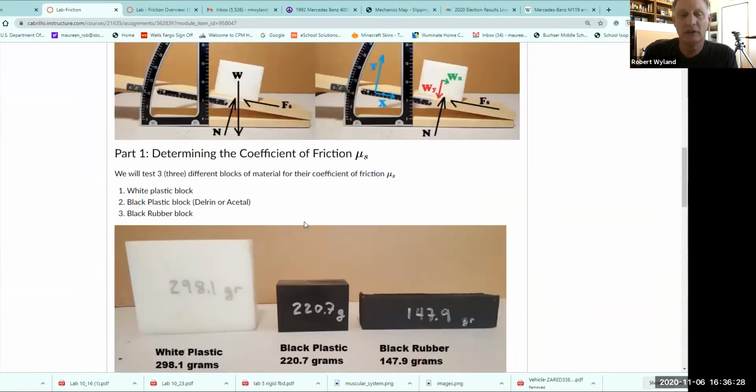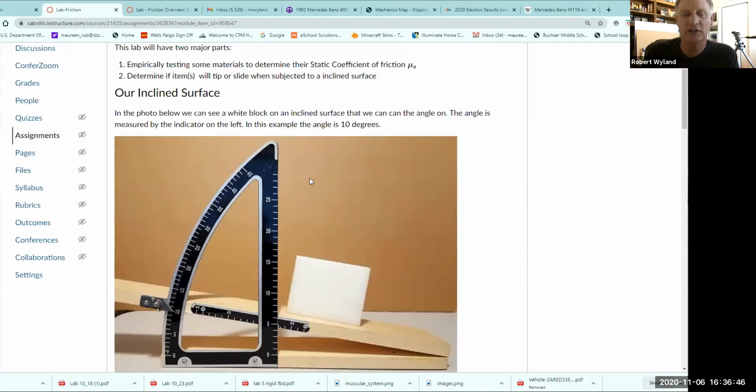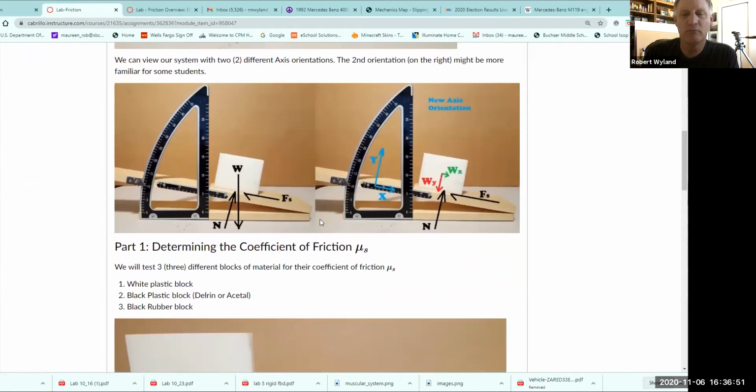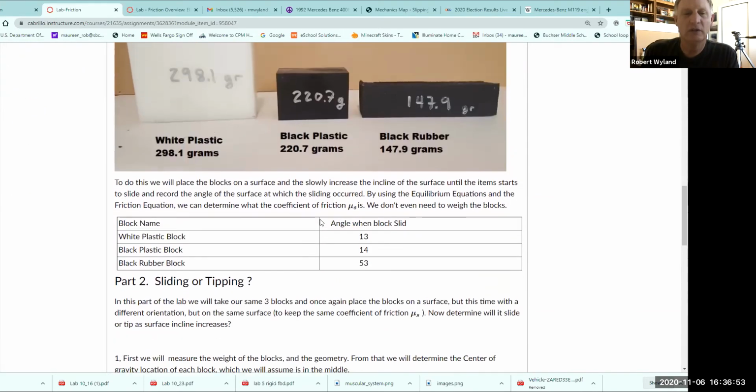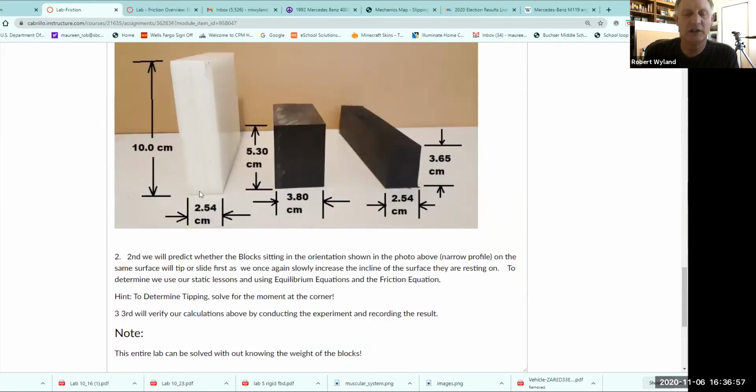What you're trying to do is use the point at which theta begins to slide in this aspect ratio, as Jason pointed out, when we know that it's going to slide, and find out the coefficient of friction. So basically use your equations to solve for the coefficient of friction. Then we're going to turn it sideways into this orientation and determine when it ought to be tipping.